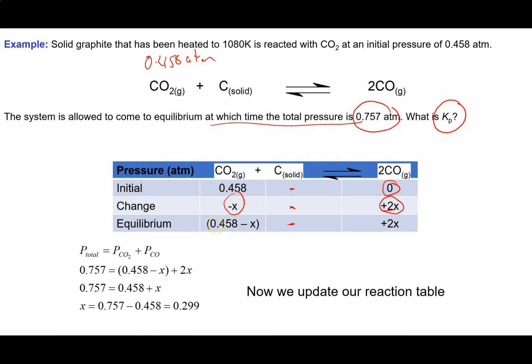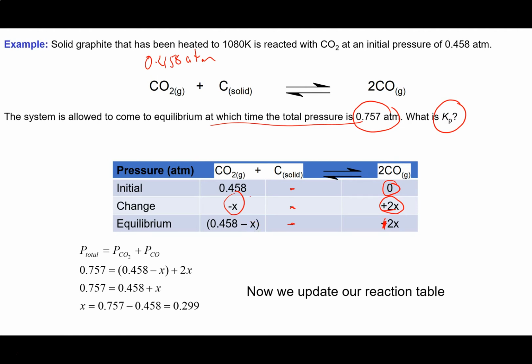So when the system comes to equilibrium, the equilibrium amount of CO2 will be 0.458 minus x, and the equilibrium amount of CO will just be 2x. So what we have to do now is figure out what x is, and that's generally what we're going to be working to do on most of these ICE table problems.